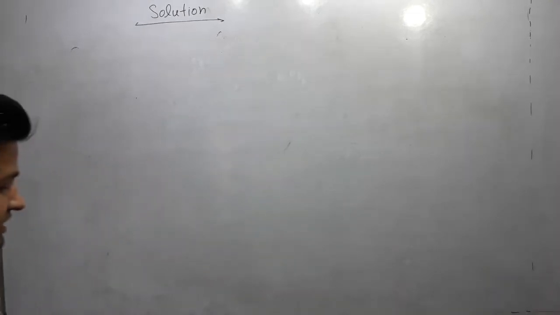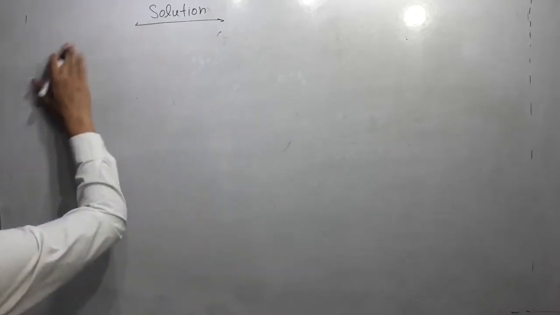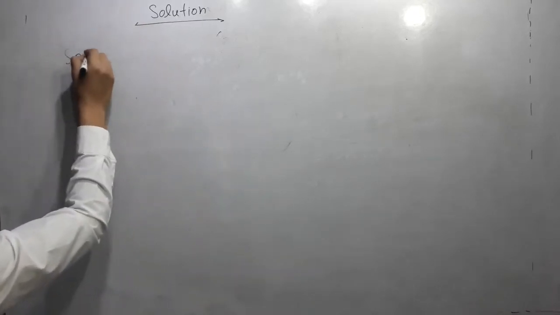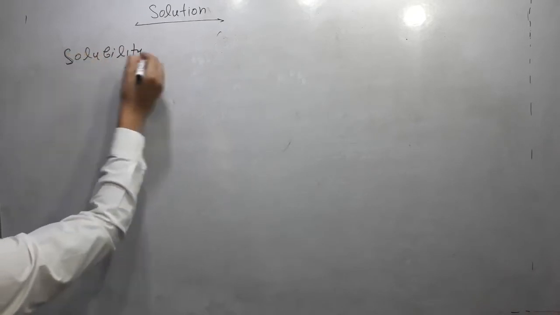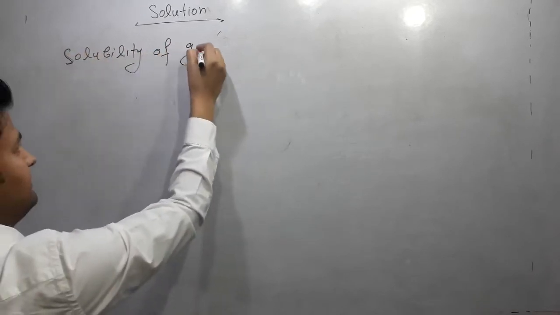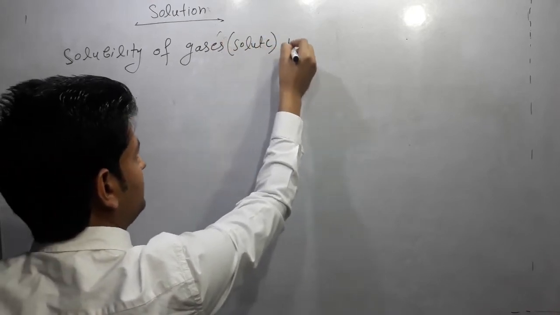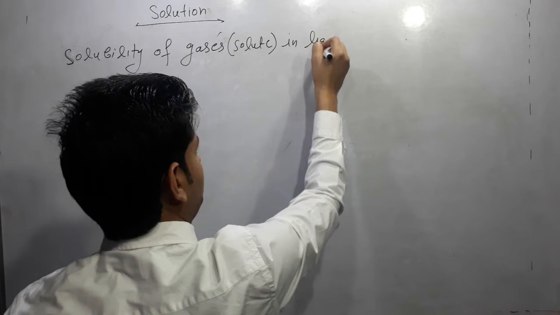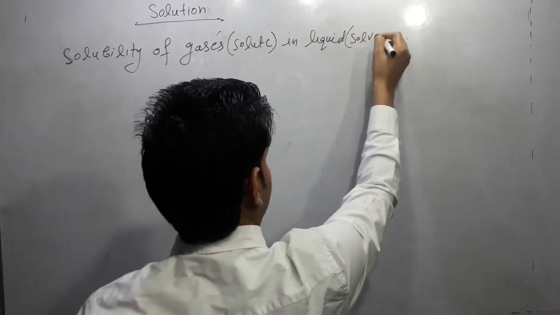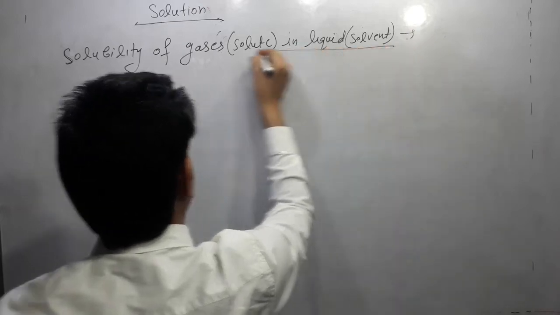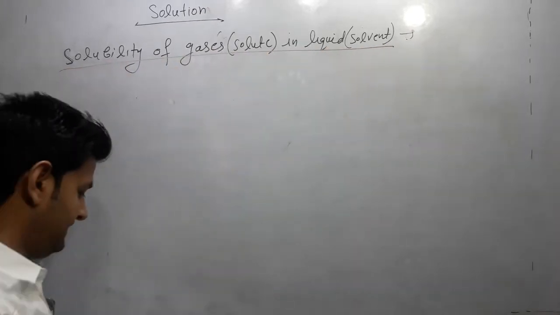Now our next topic is solubility of gases in liquid. Gases act as a solute in the liquid, which is the solvent. This solubility also depends upon a number of factors.